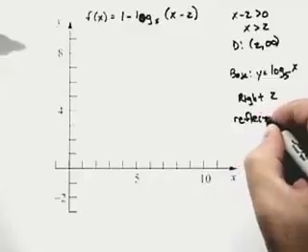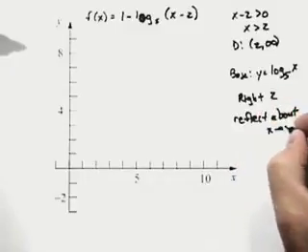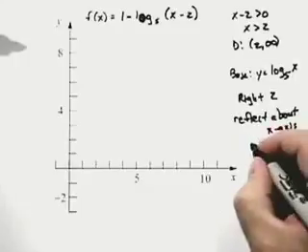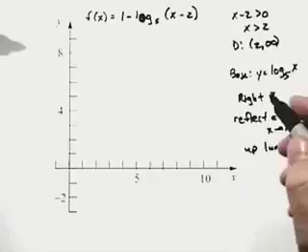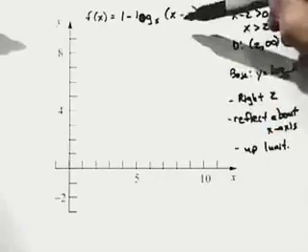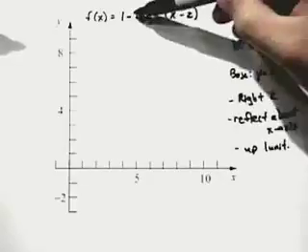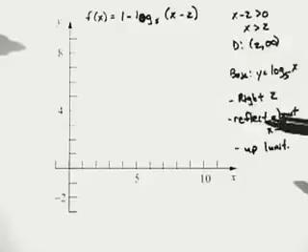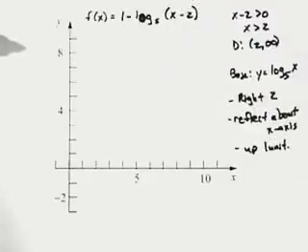Then we reflect about the x-axis. And then lastly, we'll shift up 1 unit. So we see these 3 transformations by looking at our function. We'll go right 2 units, because we have x minus 2. We reflect about the x-axis, the negative outside of the log. And then we go up 1 unit because of the plus 1 that we have out in front here.